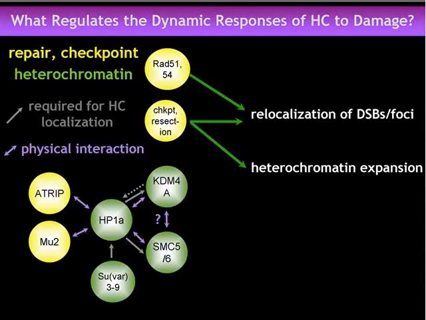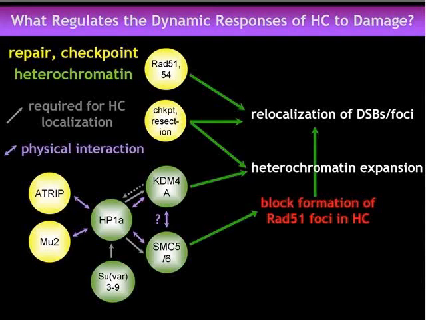We've also shown that checkpoint proteins affect both expansion and relocalization, and then in terms of heterochromatin proteins, most importantly, HP1A is required to recruit SMC56, and it's SMC56, either directly or indirectly, that is responsible for blocking formation of RAD51 foci within the heterochromatin domain, and that this is in turn required for the double-strand breaks to relocalize outside the domain.